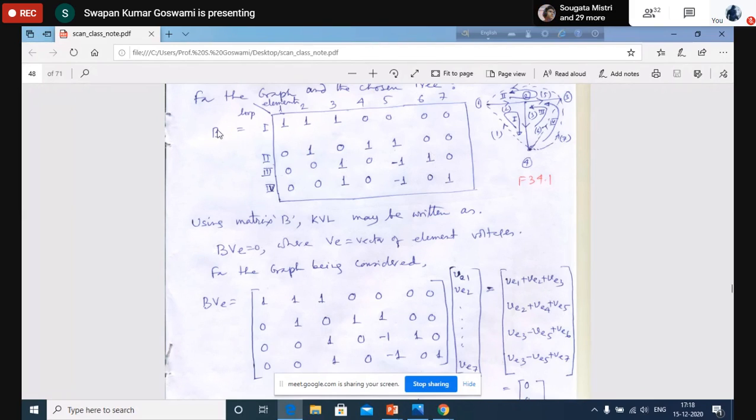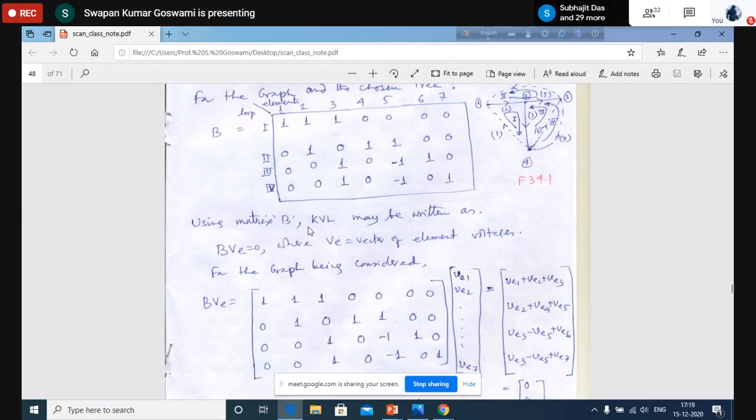So let us utilize matrix B in solving the network equation using the loop analysis technique. Let us see how we can utilize the B matrix to express some property of the network.